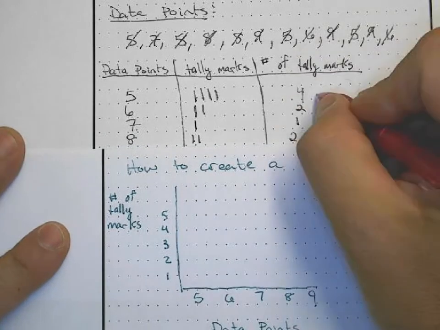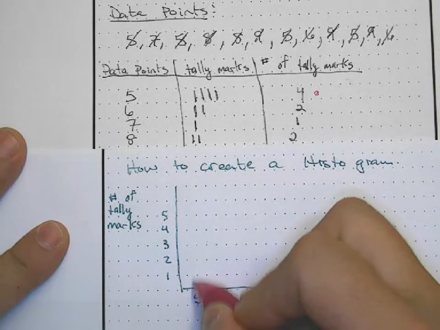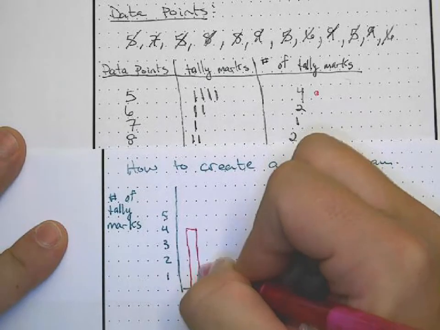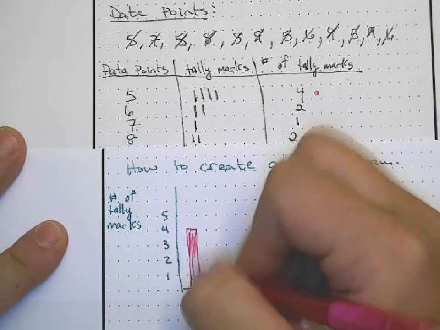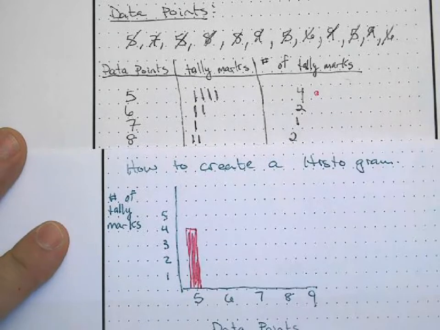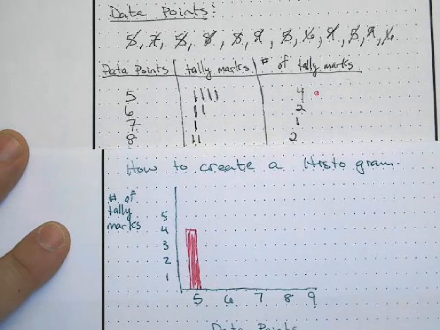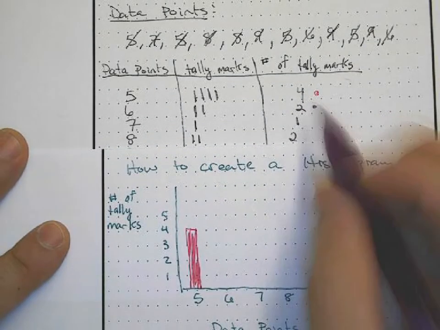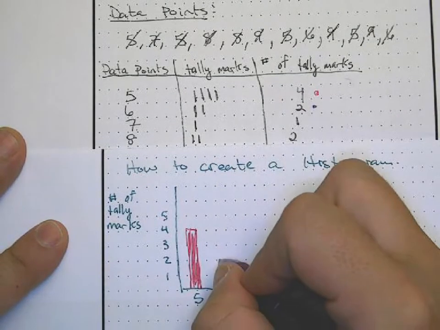So for my 5, there's 4. So I'm just going to create a bar that goes up to 4. My 6 has 2, so I'm just going to create a bar that goes up to 2.